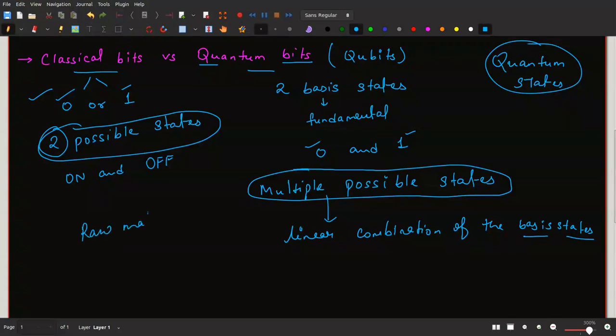You use the same raw material in both cases, but in the classical case you get fewer products, and the products are your states. Only two. But in the quantum case, using the same raw material, 0 and 1 only, we get more products.